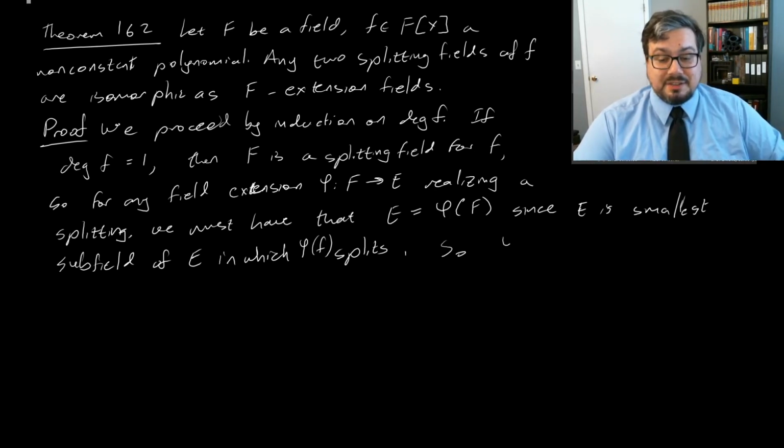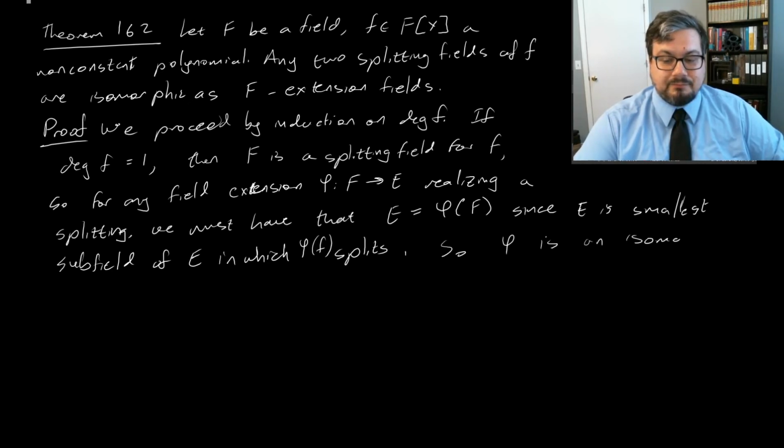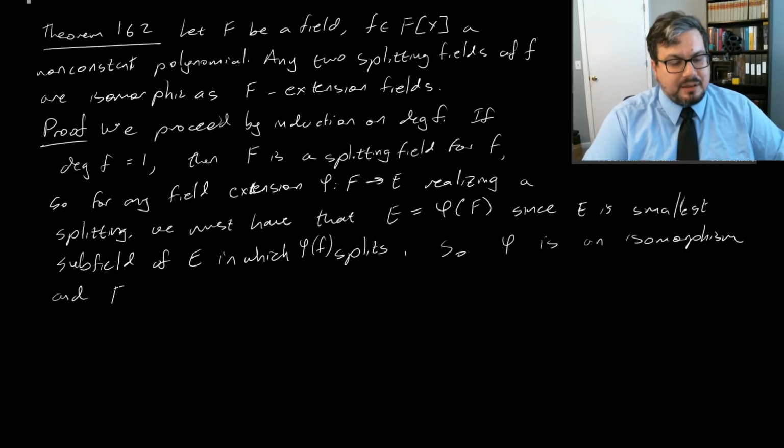So in particular, this means that phi is an isomorphism. And so F is isomorphic to E.